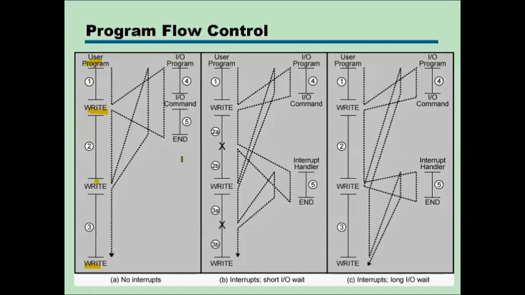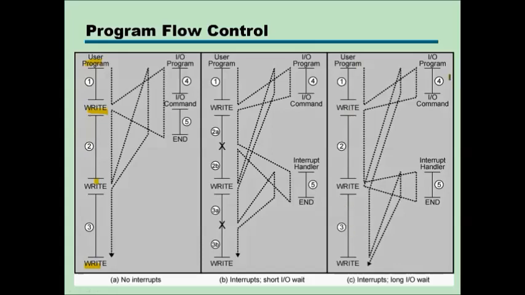What if there is an interrupt? Okay, so this is a short input output. The user program will write again, write of course. And then next, the IO program, checking the IO command. Okay, in case after writing, there is an interrupt handler, and then next, you can end. Okay? So this one is the long interrupt. So user program, write the program, write, and then write.